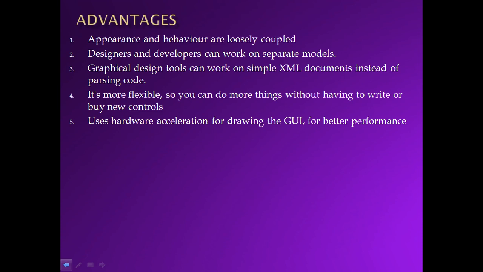Instead, you will have to draw the image yourself, implement your own button that supports images, or use a third-party control with WPF. The fifth point from the advantages section is that it uses hardware acceleration for rendering the GUI for better performance. So you need not worry about performance issues.